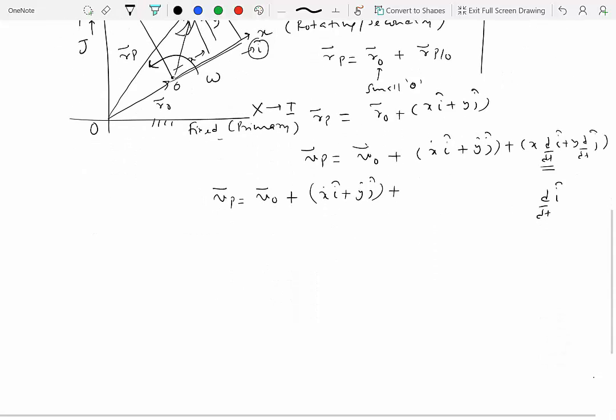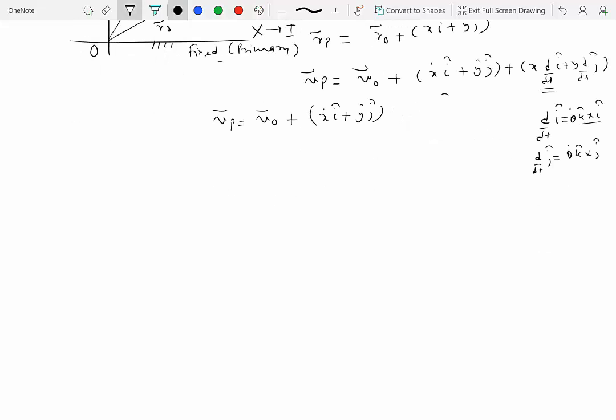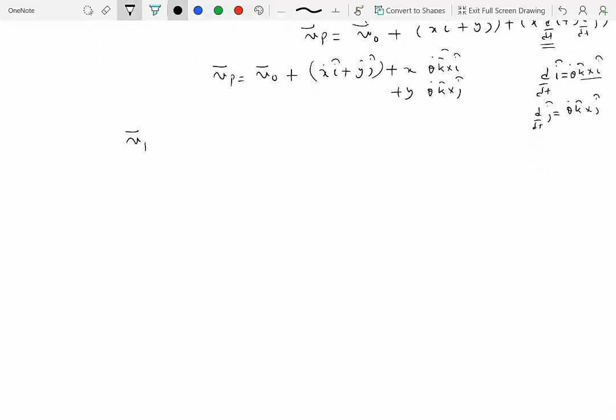Using that relationship, d over dt of i hat is theta dot k hat cross i hat, and d over dt of j hat accordingly will be theta dot k cross j hat. So let's substitute these derivatives in this equation. We have x times d over dt of i hat, which is theta dot k cross i, plus y times theta dot k cross j.